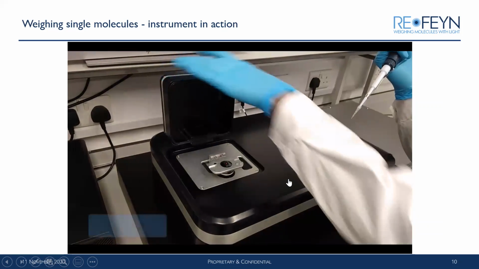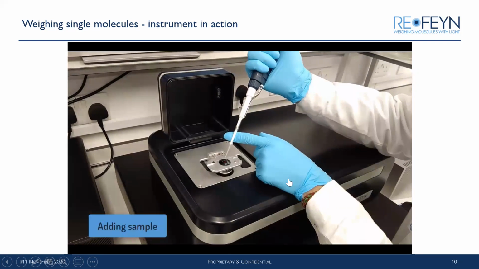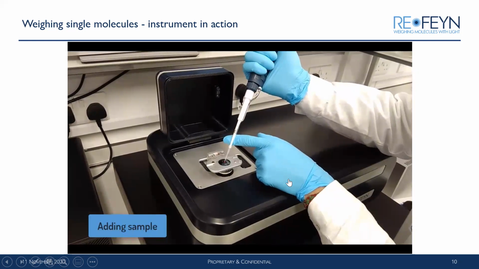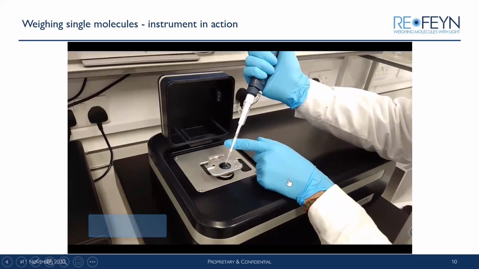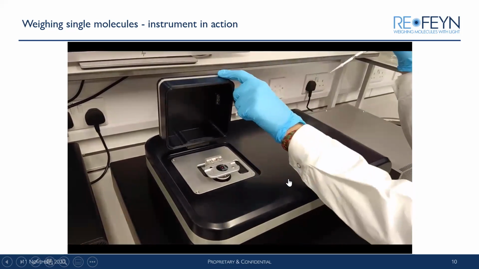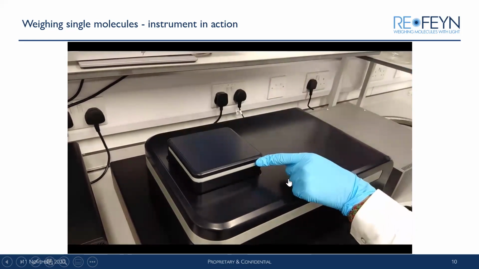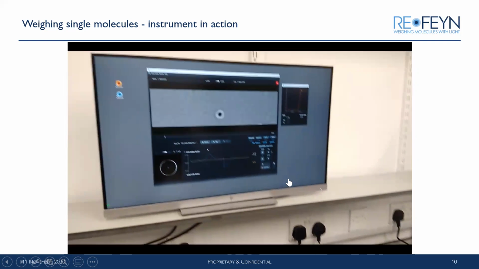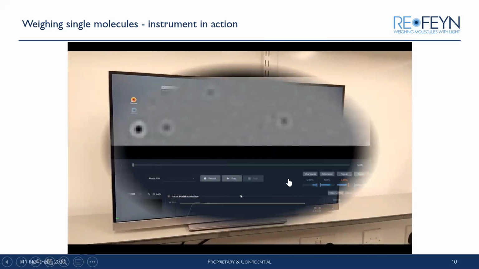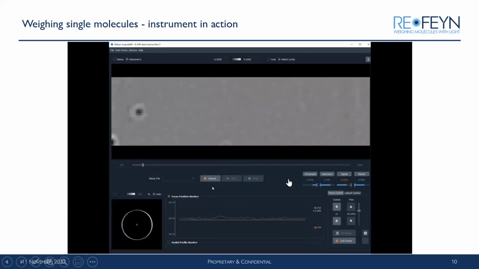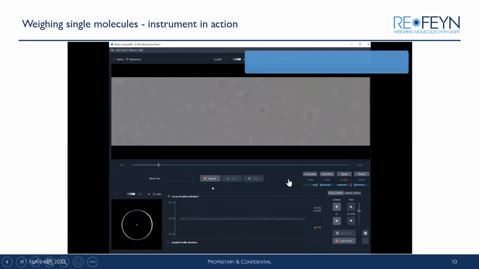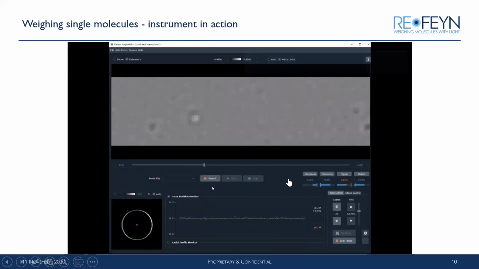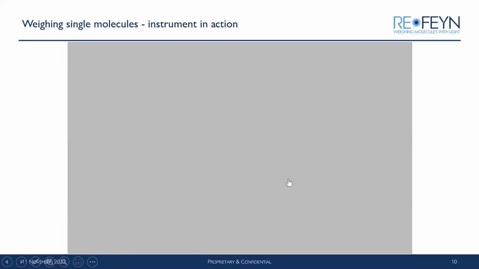Basically, the idea is that you add your sample to a slide cover slip. You close the lid, and then immediately you can see your protein lands. You start recording. The recording can take 1 minute, 2 minutes. It depends on how much statistics you want to acquire. So already within 2 minutes, you have your movie of protein, and you have all the data that you need.